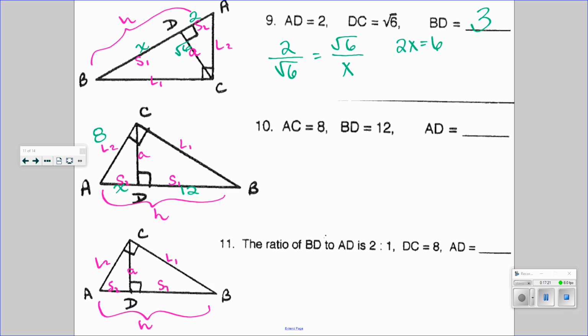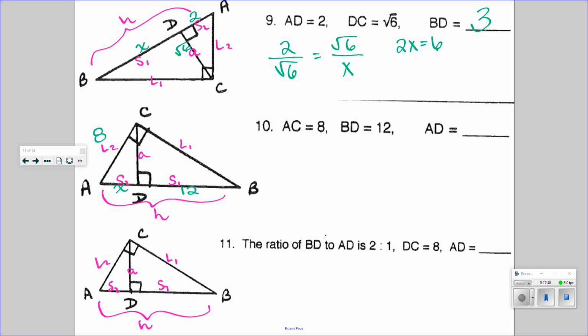The second one's a little bit more challenging. Throws it up a little bit. We're looking for AD, which is a segment. Segment is used in altitude proportions and the leg proportions. What are we getting information on? A leg or an altitude? Do we have altitude?